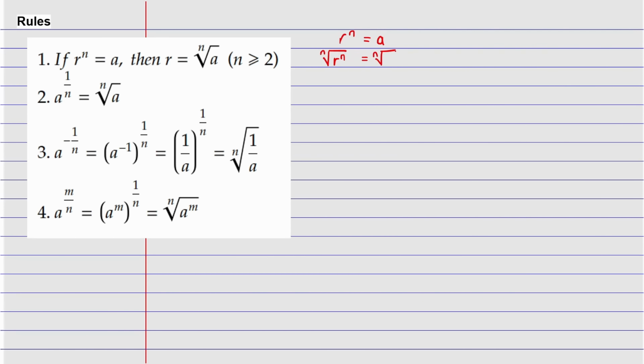This root and this power cancel out, so r is equal to the nth root of a. Now let's do it if they give you a value. So if this is maybe x to the power 2 is equal to maybe 3, how do we get rid of this power?